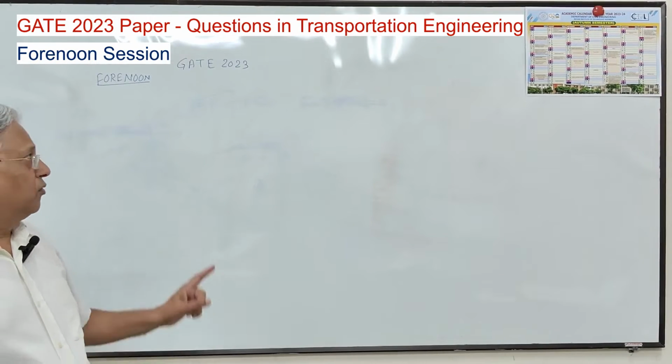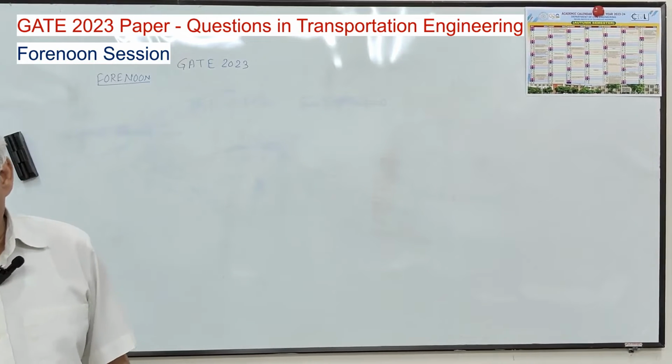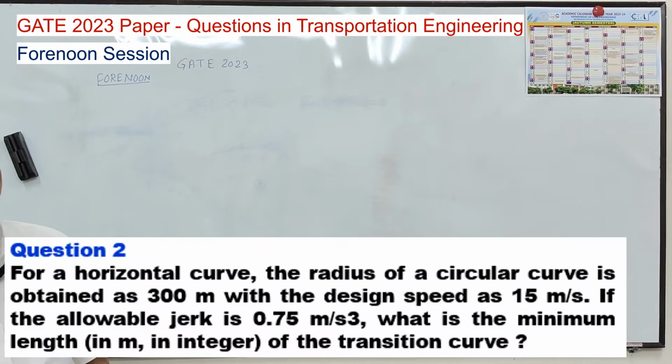Question 2 in the forenoon session is, for a horizontal curve, the radius of a circular curve is obtained as 300 meter with a design speed of 15 meter per second. If the allowable jerk is 0.75 meter per second cube, what is the minimum length of the transition curve?